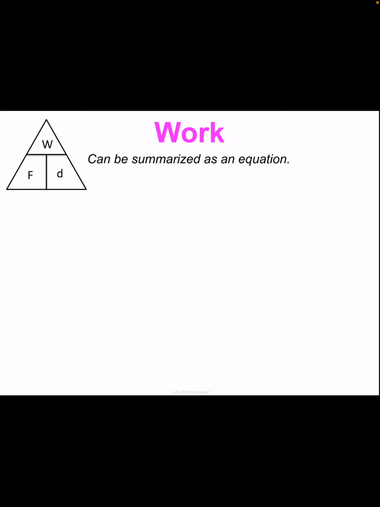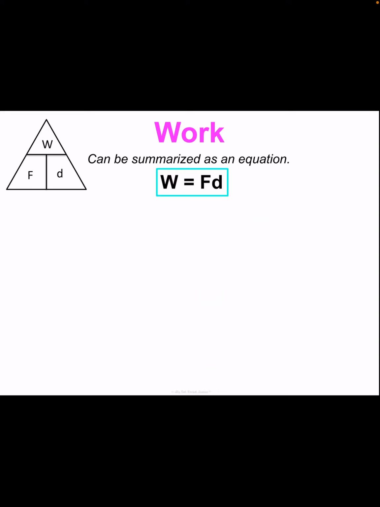All right, so you can see we have a triangle here. We do have an equation that we use for work. You can just hold off on writing the triangle yet. Let's go ahead and write the equation first. So work equals force times distance. Force is my F, D is my distance.